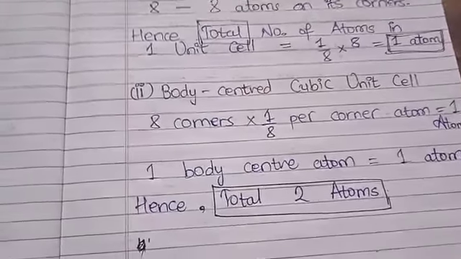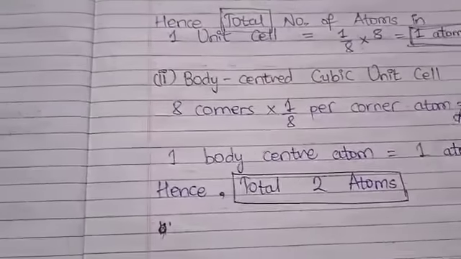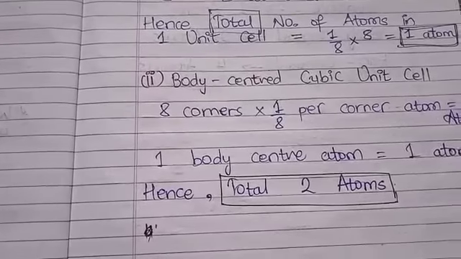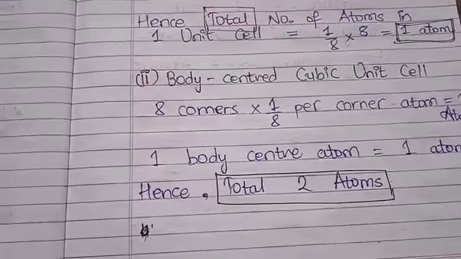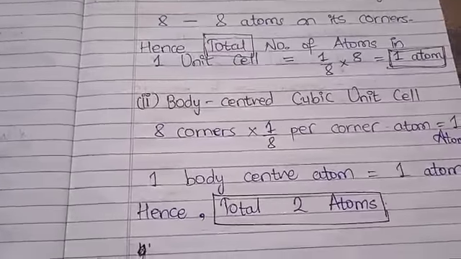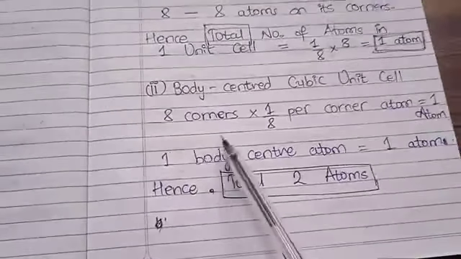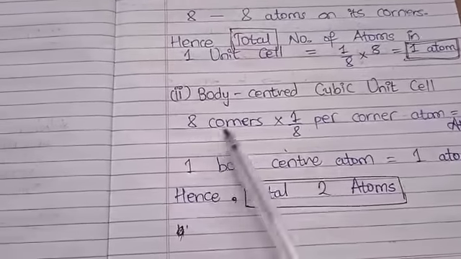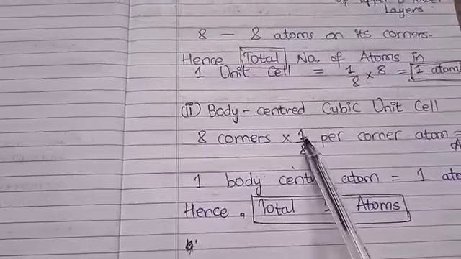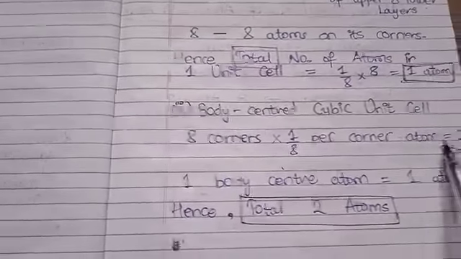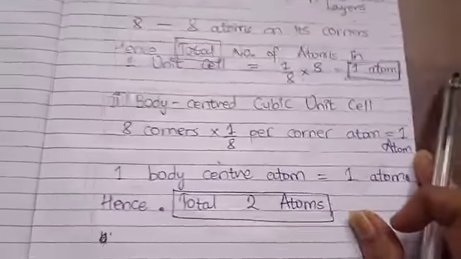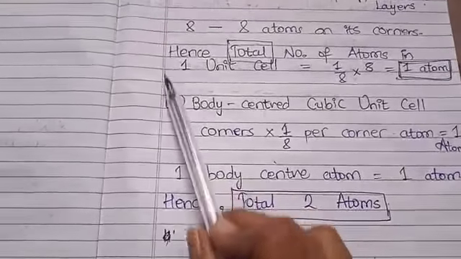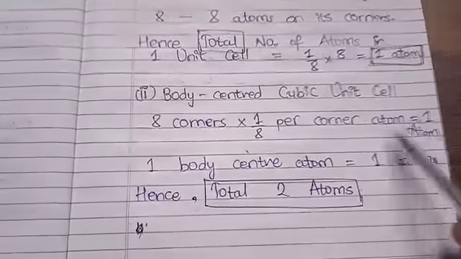It is where atoms are present at the corner positions, as well as one atom present at the center itself, not the corner. As in the primitive cell, I have 8 corners multiplied by 1 by 8 per corner atom, which gives me 1 atom.